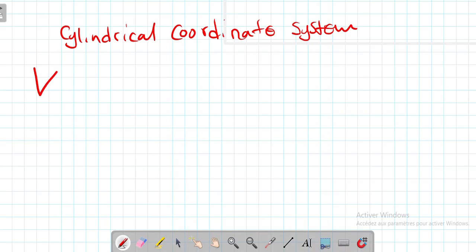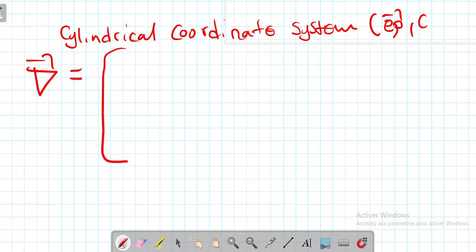So nabla in the cylindrical coordinate system: how do I know this formula? I start with identifying the unit vectors in the cylindrical coordinate system. The unit vectors are e rho, e phi, then ez or k. So the first element is e rho, and rho is the radius.